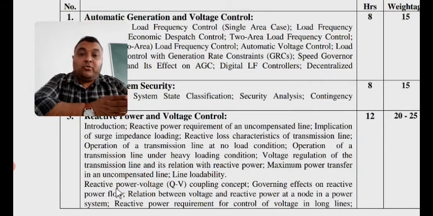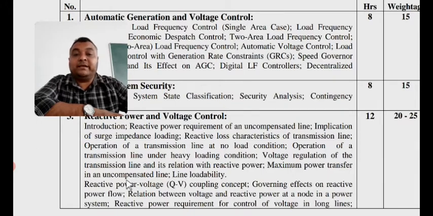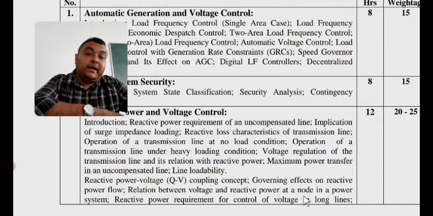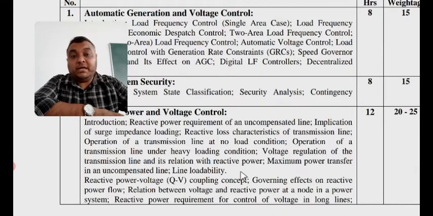After that, maximum power transfer in an uncompensated line, that is, line loadability. Then the reactive power and voltage, that is, the Q and V coupling concept, and how reactive power and voltage are coupled. Then the governing effect on reactive power flow, and the relation between voltage and reactive power at a node in a power system. Then reactive power requirement for control of voltage in long lines.